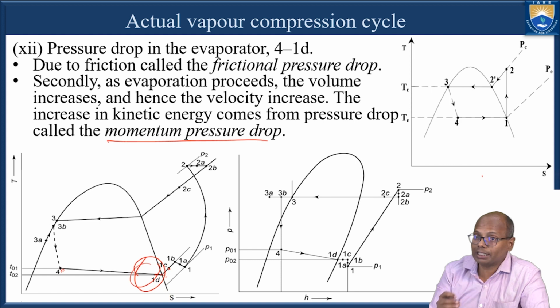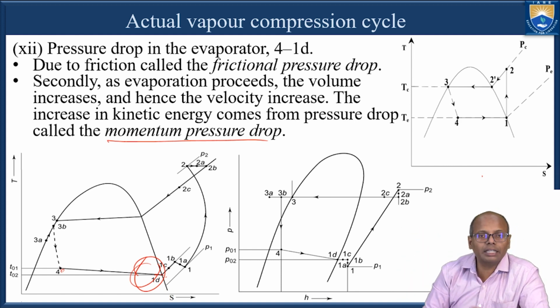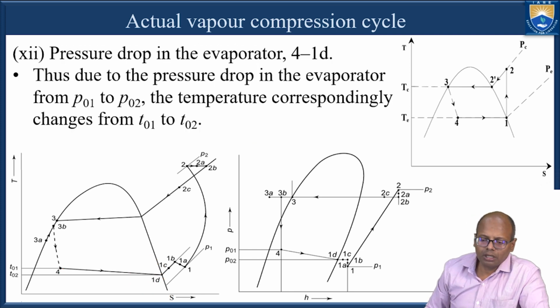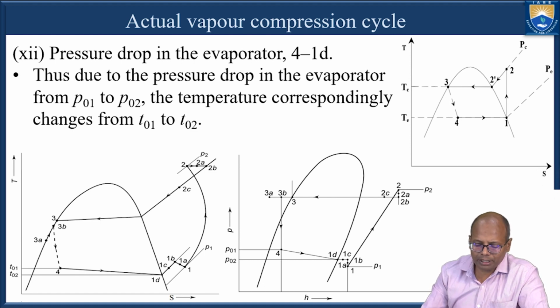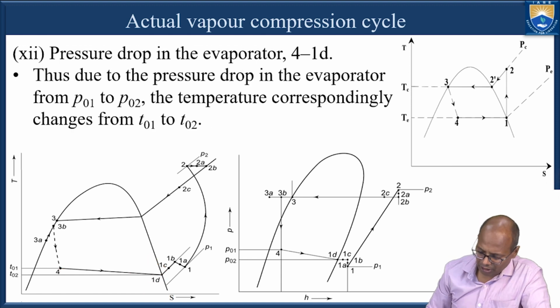So here there is some kinetic energy gain. The increase in kinetic energy is obtained from the pressure drop, and that is called the momentum pressure drop. Now this is the pressure drop in the evaporator.